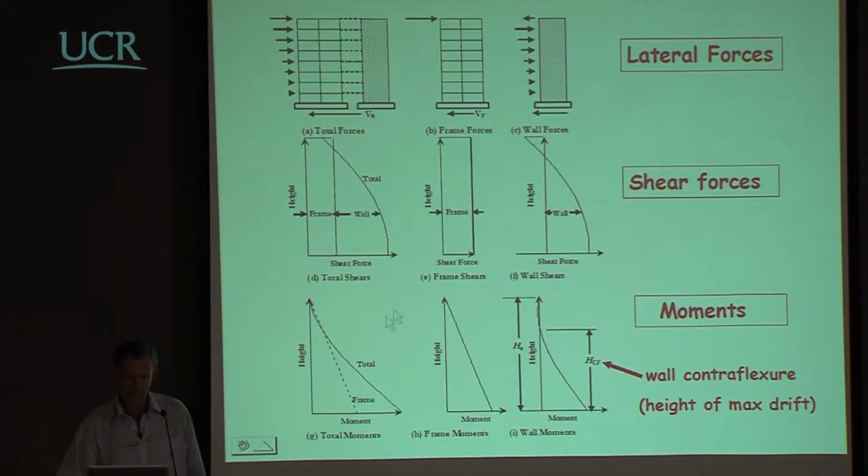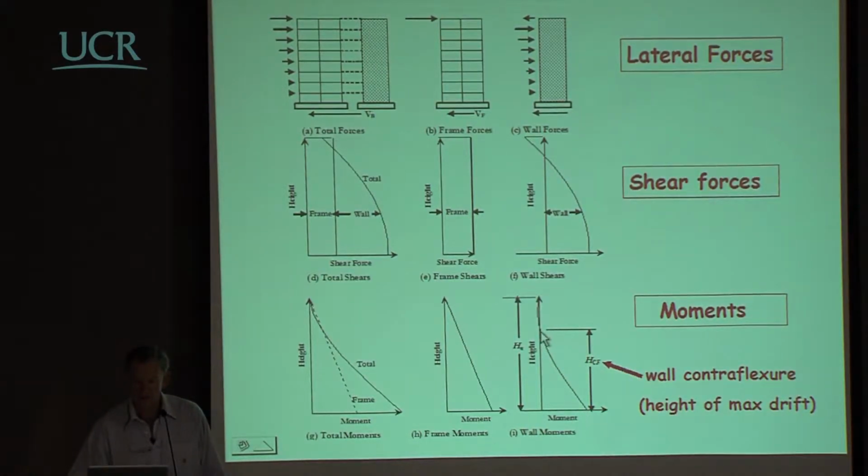And that implies moment patterns, as is shown here. The total overturning moment on the structure at various different heights is shown here. We have a linear distribution of the moment carried by the frame, also shown here. And the difference between the total and this is the moment pattern in the wall itself.